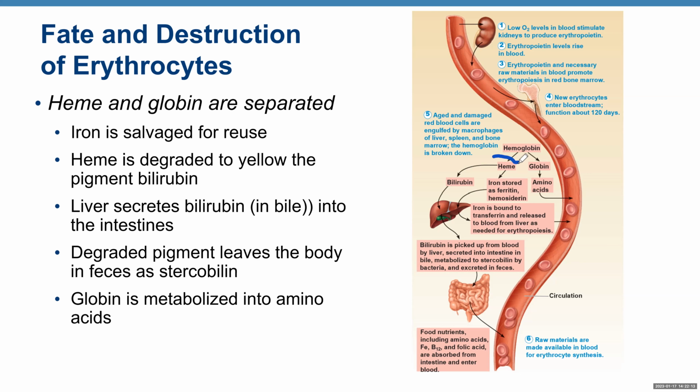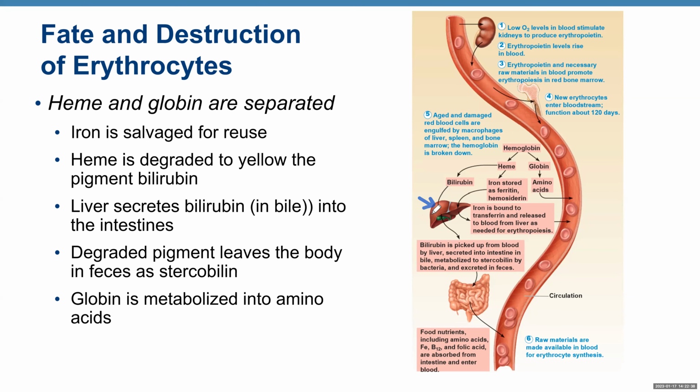Now, what happened with heme? Well, heme is degraded to pigment, bilirubin. Remember, heme is made of pigment and iron. So this heme that is degraded into bilirubin enters your liver.